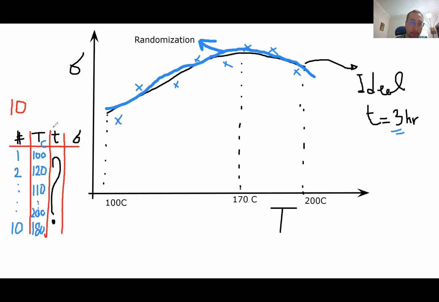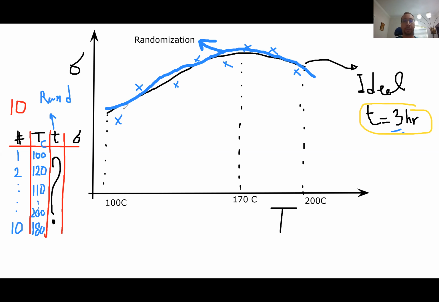Here we are assuming that this is random. Just to tell you what I mean exactly by being random, imagine the case where I didn't have a random variation in time, but I had a systematic difference. In the case of random, I'm assuming they are spread around the 3 hours.